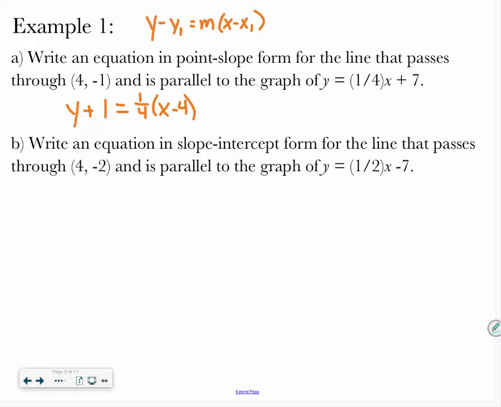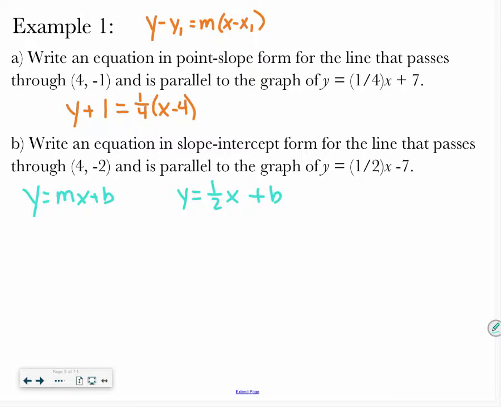Part B, write an equation in slope-intercept form. Remember, that's y = mx + b, for the line that passes through (4, -2) and is parallel to the graph of y = 1/2 x - 7. So I have y = m, my m stays the same as what I'm given, so 1/2 x + b.